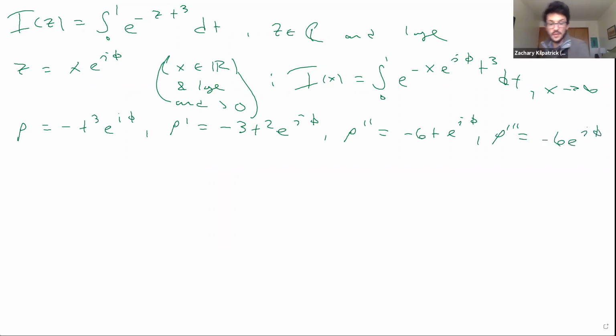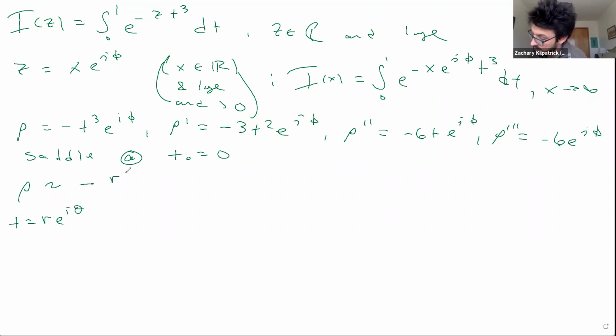So we finally get to a non-zero derivative at the saddle, right? So our saddle point here is going to be at t0 equals 0. And if we expand rho around that saddle point, for t equals r e to the i theta, we're going to get minus r cubed e to the 3i theta divided by 6 times 6 e to the i phi.